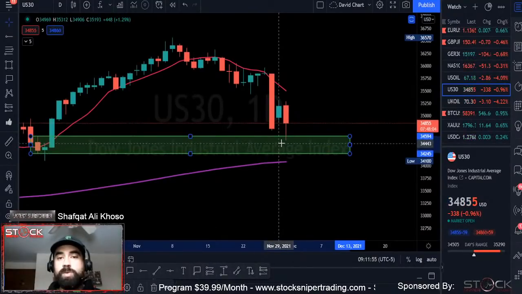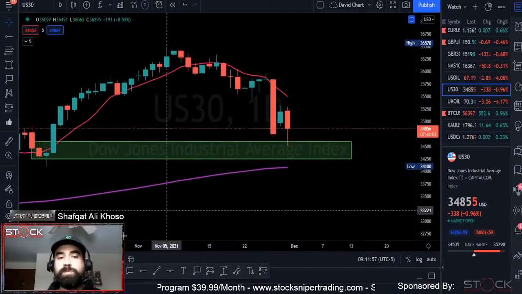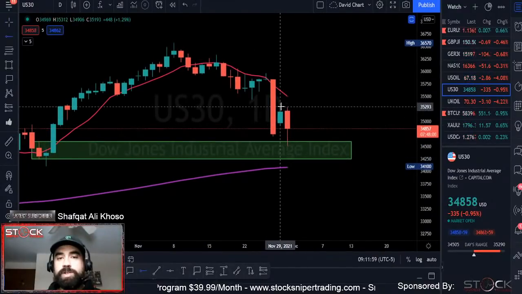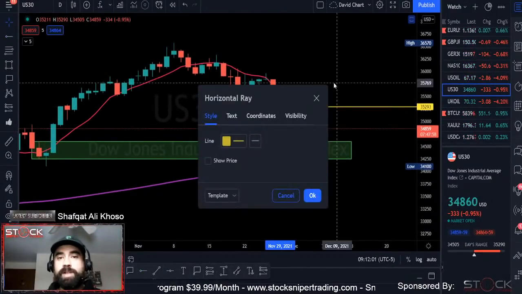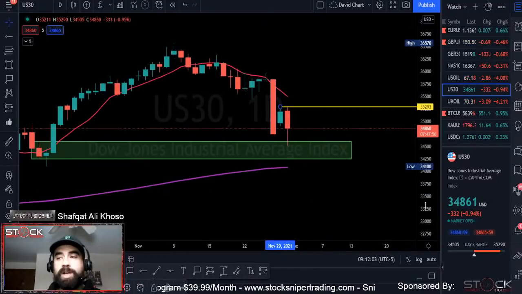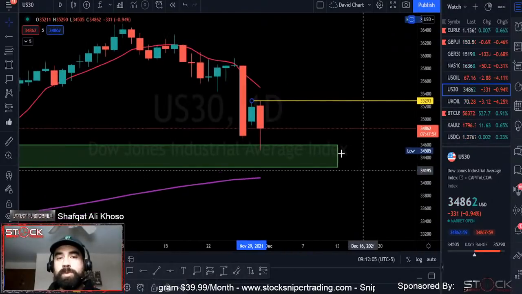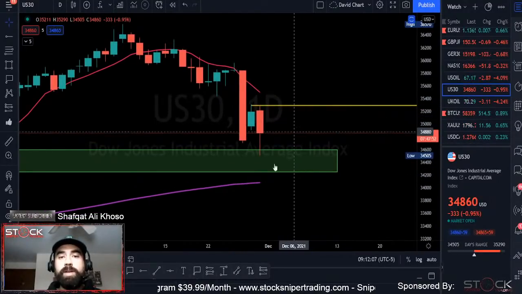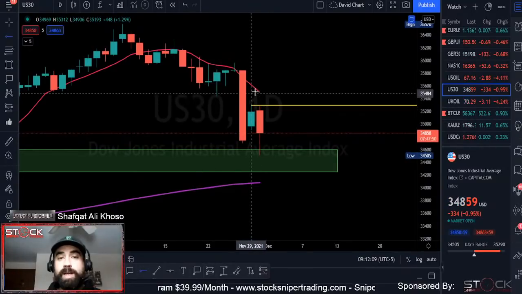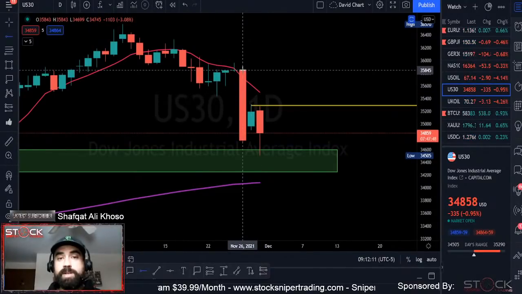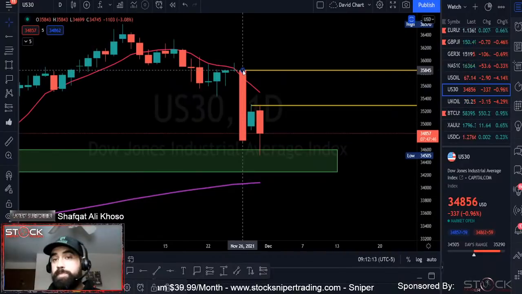So let's watch and monitor this now. We don't need to add too much for top downs, simply because with US 30 we want to keep the chart as clean as possible. If we can get a nice little push, guys, the overall high of this bearish candle is 35,845, roughly close to 36,000.